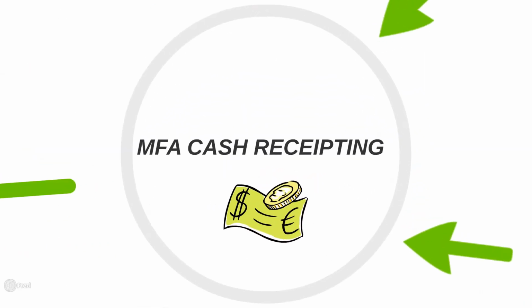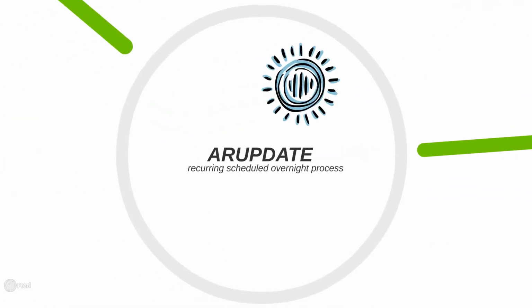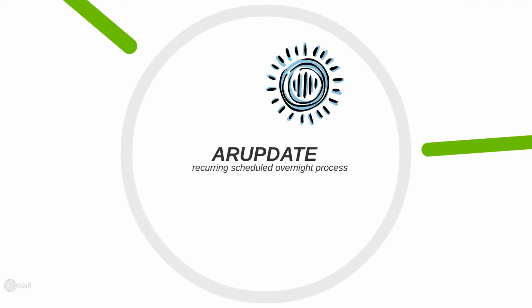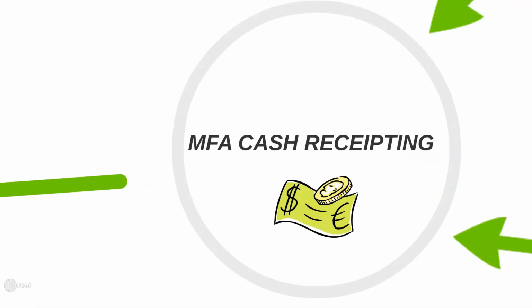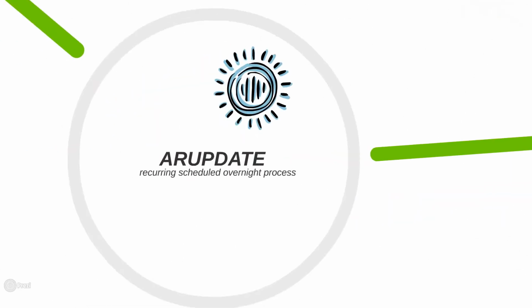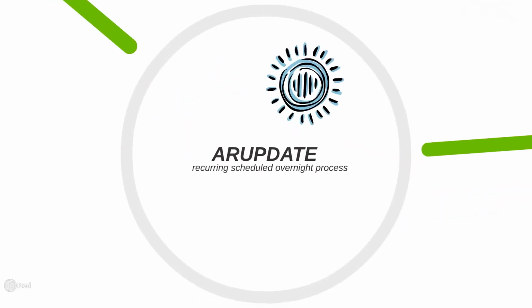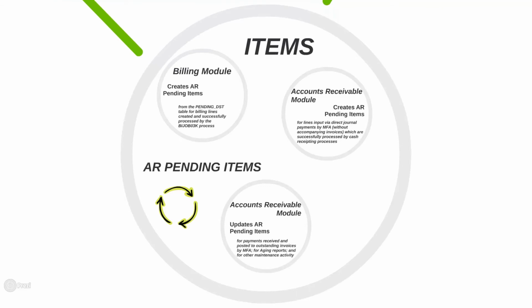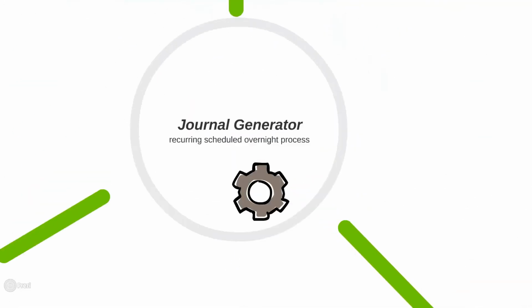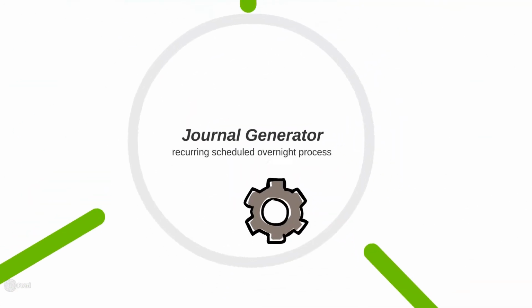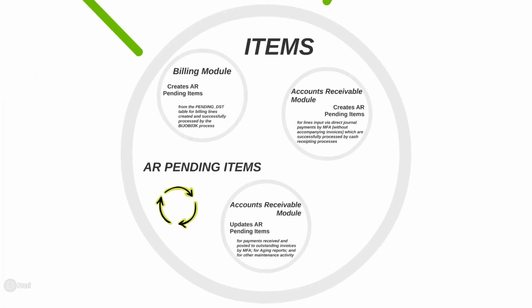So let's talk about receiving payment. The money comes in and the data entry is made to post it against an invoice. Later that evening, the AR update process runs. It then coordinates that posting of payment against the invoice and triggers the lines to be updated in the table so that now a journal can be created, so we feel the effect of receiving that payment in the system and it relieves the item.